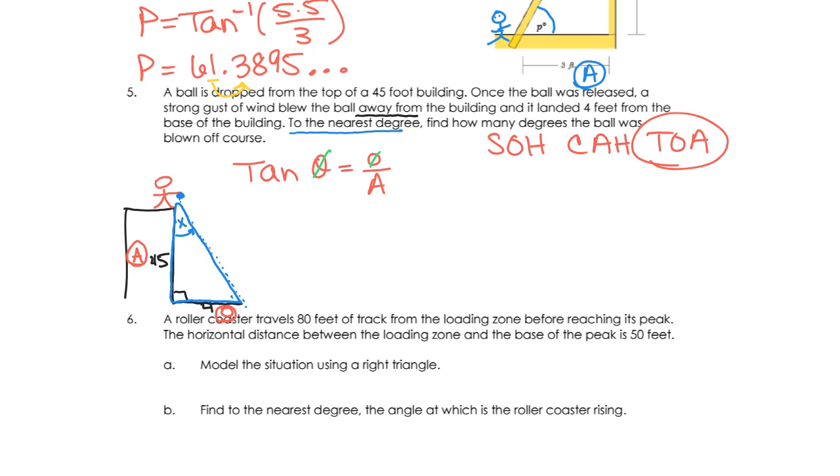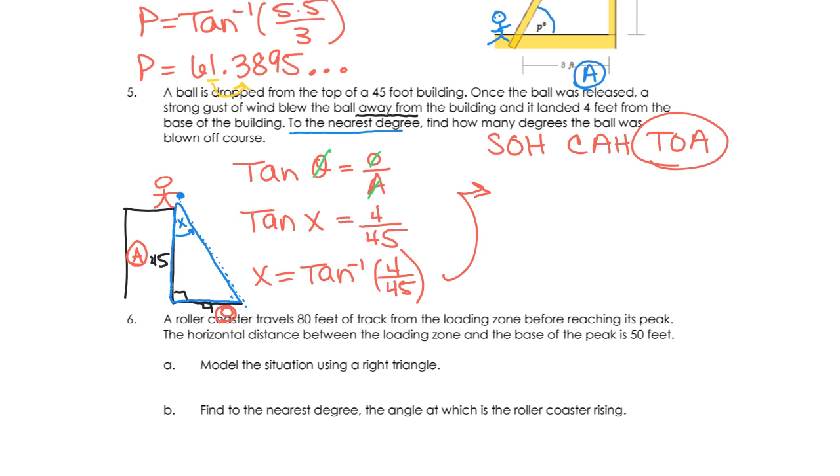Then we'll replace our 3 pieces. We have tangent of our angle, which is x. Opposite is 4, adjacent is 45. Because we're solving for an angle, x equals tangent inverse of 4 over 45. We grab our calculator and hit second tangent, 4 divided by 45, and we end up with 5.07960 dot, dot, dot.